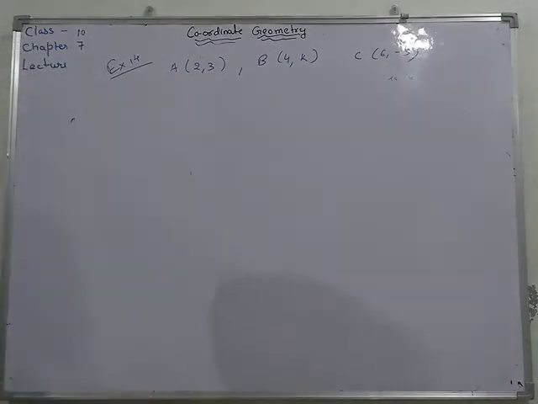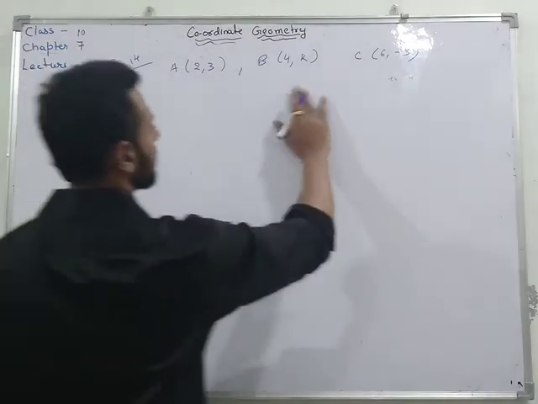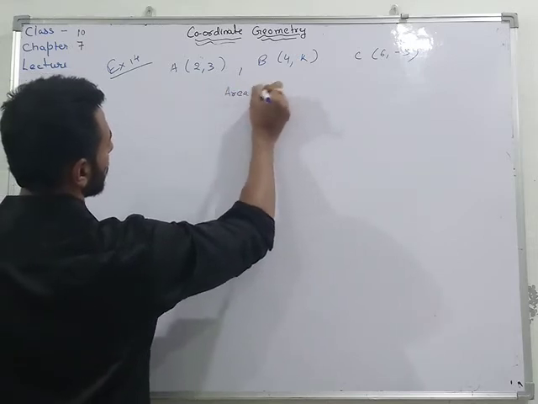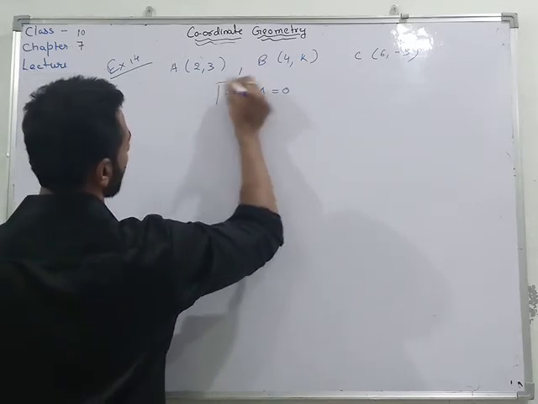We have to identify the value of k if these all 3 points are collinear. So given the condition that all 3 points are collinear means the area of the triangle is equal to 0.